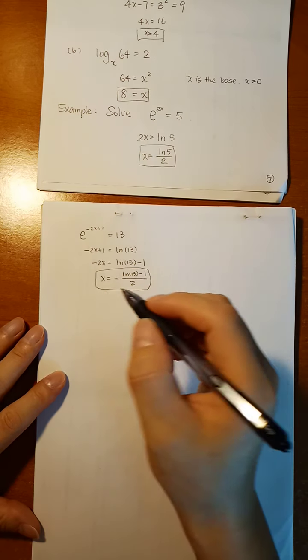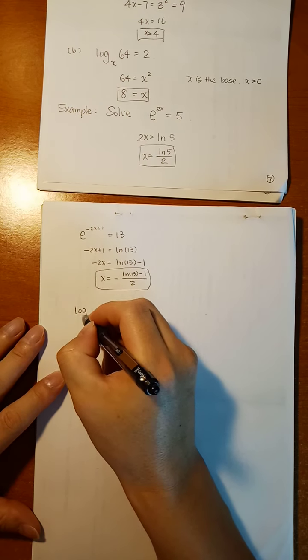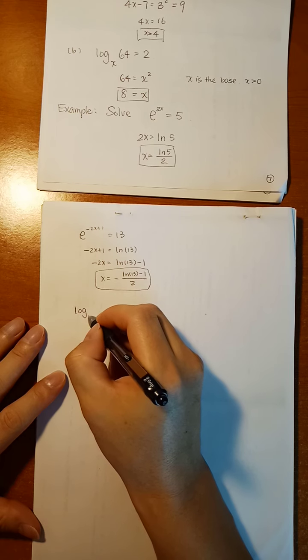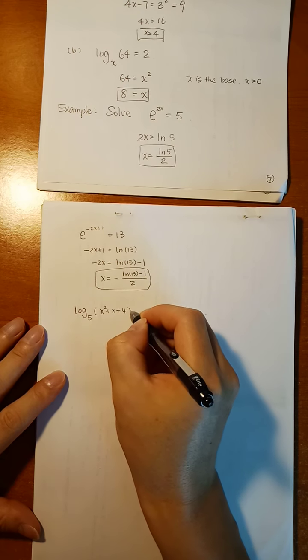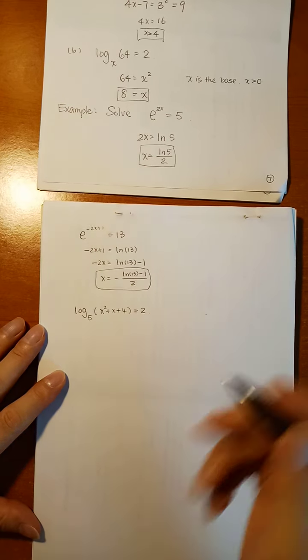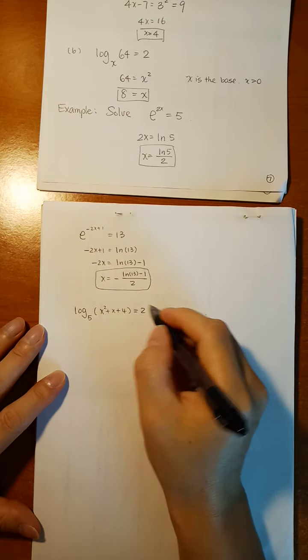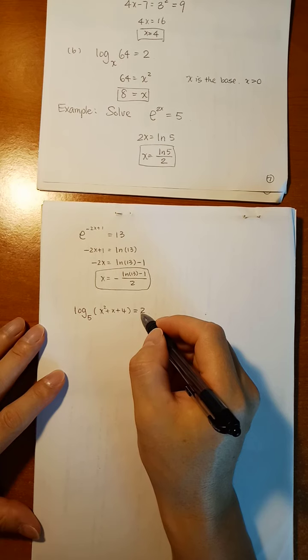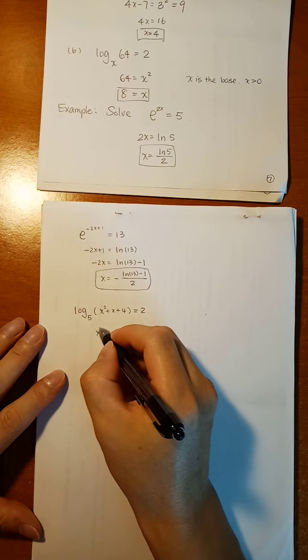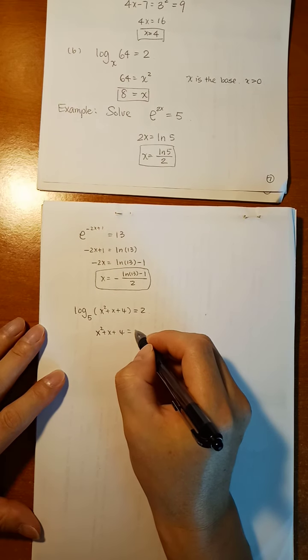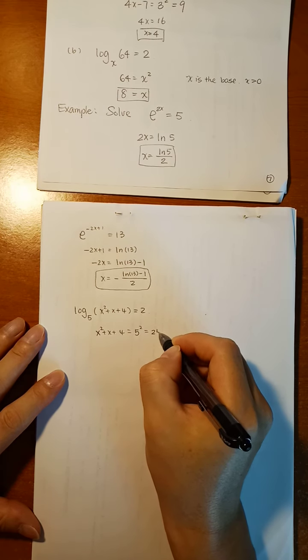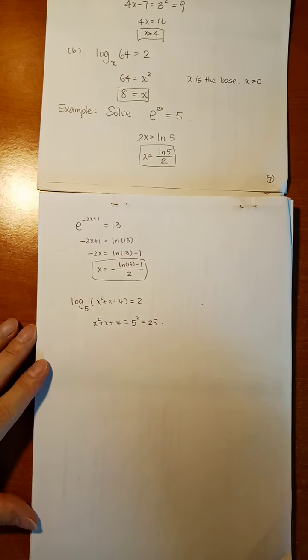And for example, if we have logarithm to the base 5 of x squared plus x plus 4 is equal to 2. Let's check. For this logarithmic equation, x squared plus x plus 4 should be equal to 5 squared.